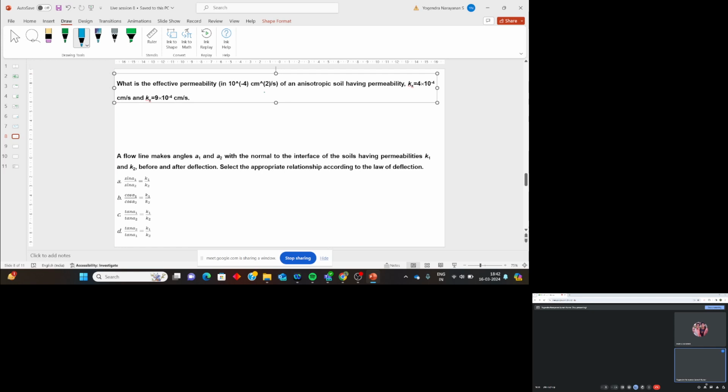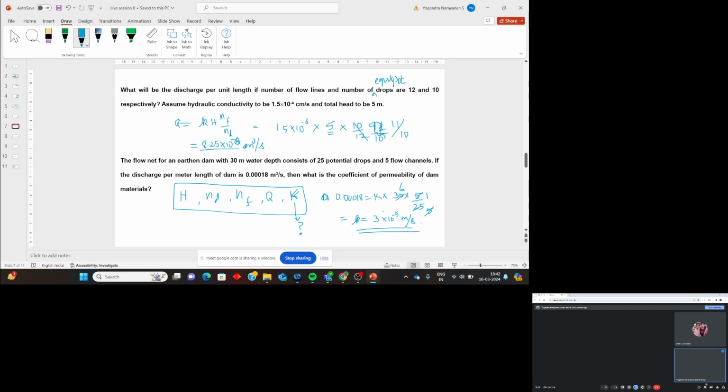What is this? This is just centimeter per second. Sir, in the before problem, I have a doubt about the unit. Discharge Q is meter cube per second, and meter square per second.